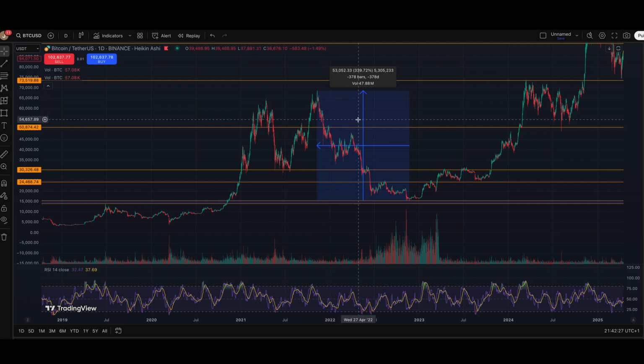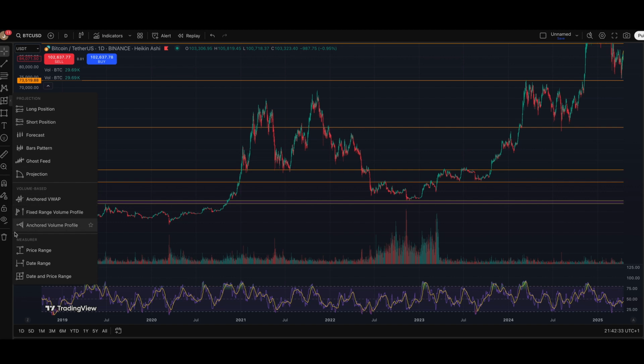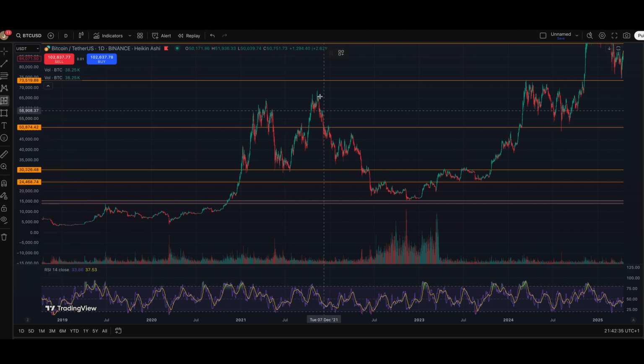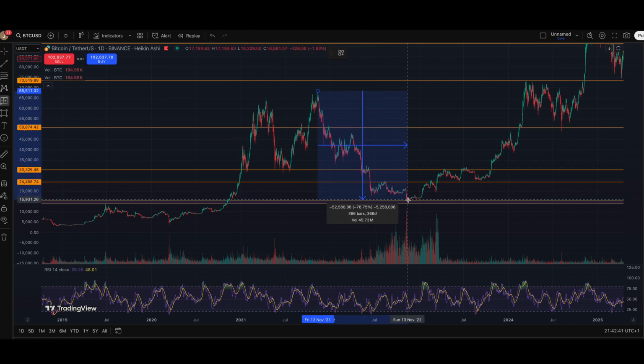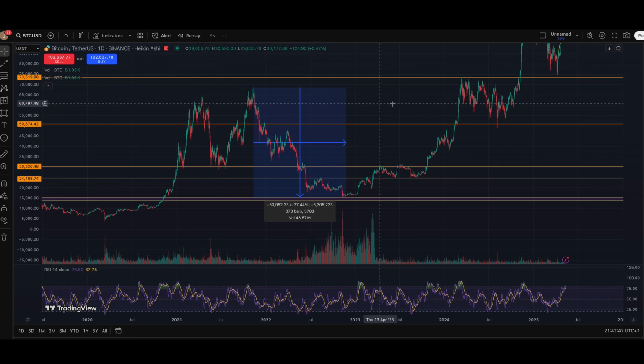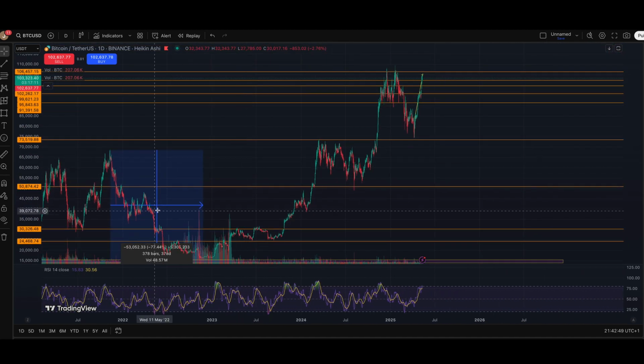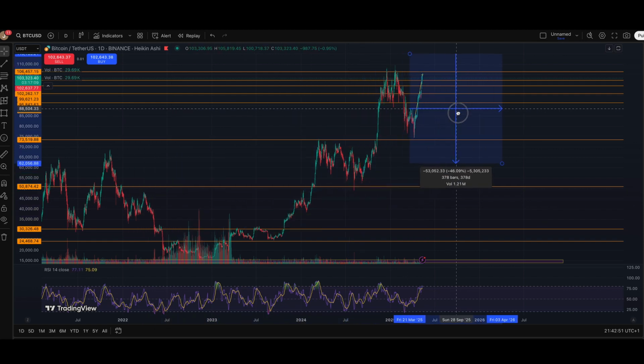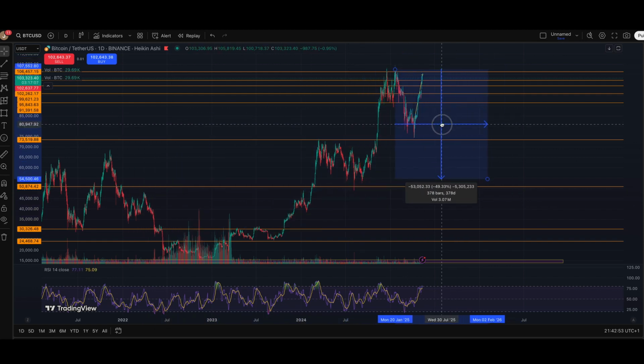So we had price and date. I'm taking it from the top there, dropping all the way to the bottom: a 77% pullback. Okay, so let's see what a 77% pullback would look like from here, from all-time highs.